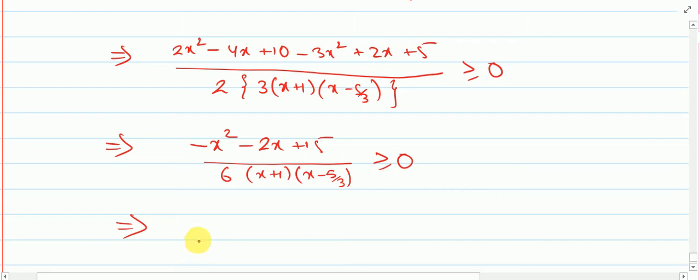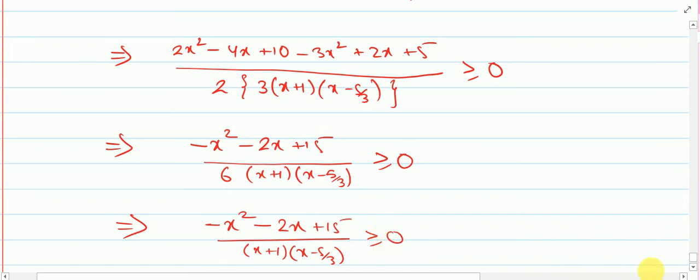Now what we can do is multiply both the sides by 6, so that I can get rid of this 6. So we will get minus x square minus 2x plus 15 upon x plus 1 x minus 5 by 3 greater than equal to 0.